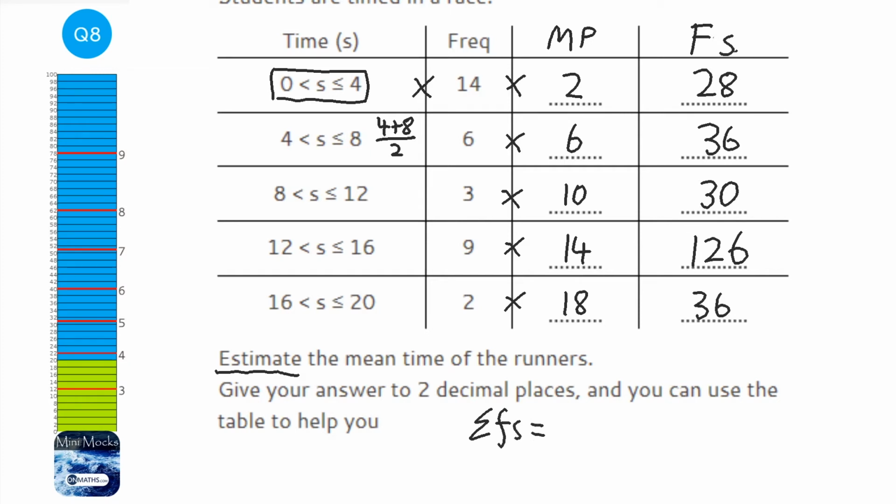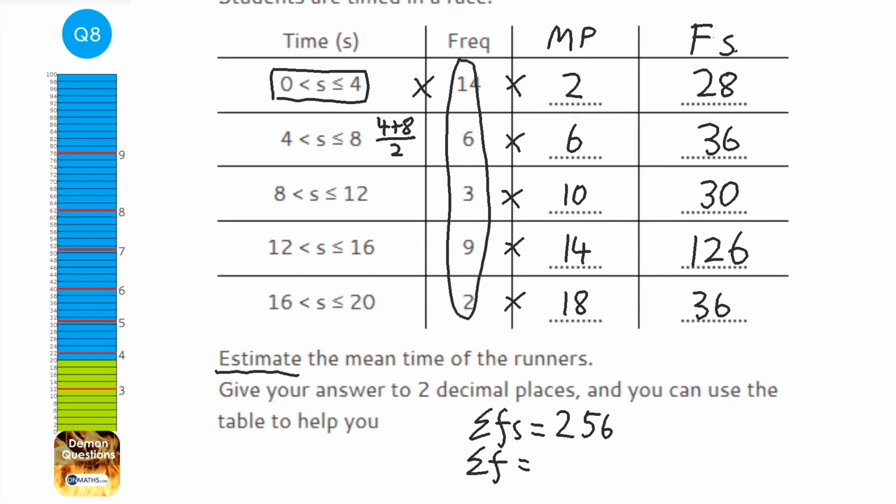So we're going to add up 28, 36, 30, 126 and 36 on the calculator, which is 256. And then we're going to sum up the frequencies, which is this column here. So 14 plus 6 plus 3 plus 9 plus 2, which is 34.